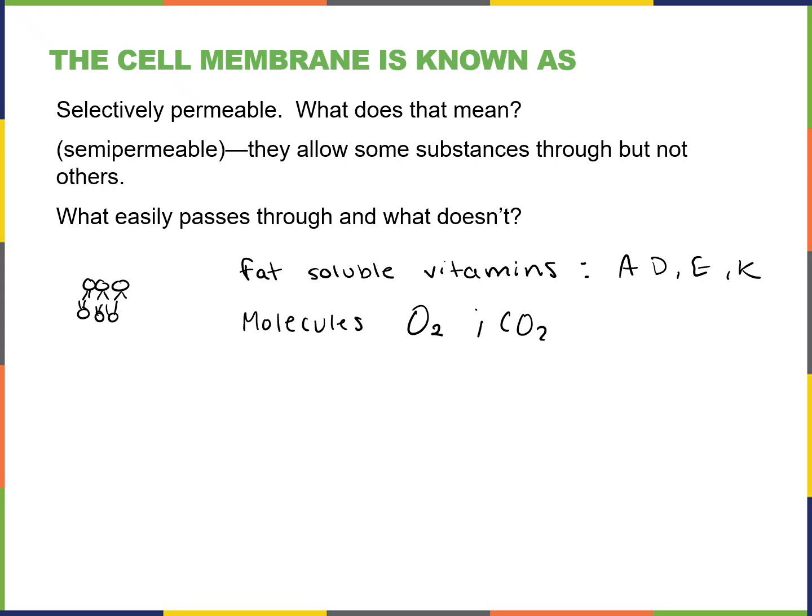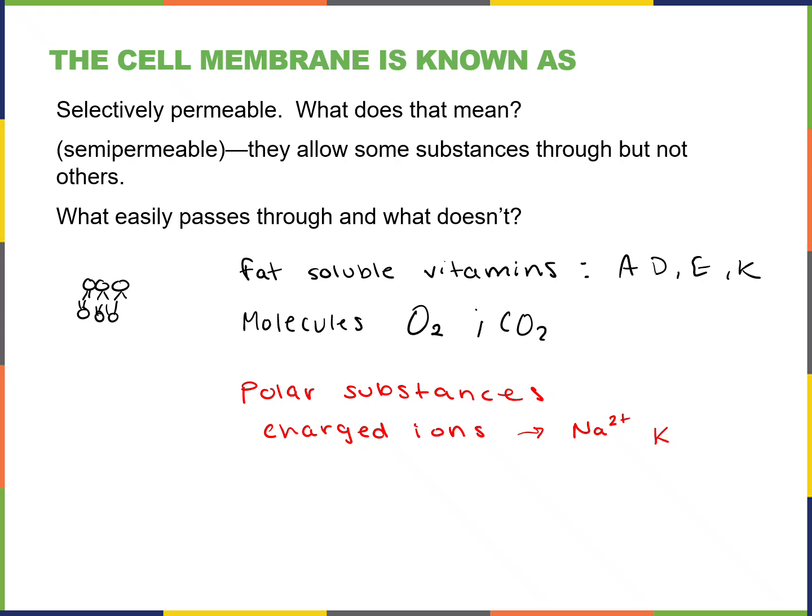Things that will be a little bit harder to pass through are polar substances, charged ions, etc. Okay, so charged ions is stuff like sodium, potassium.